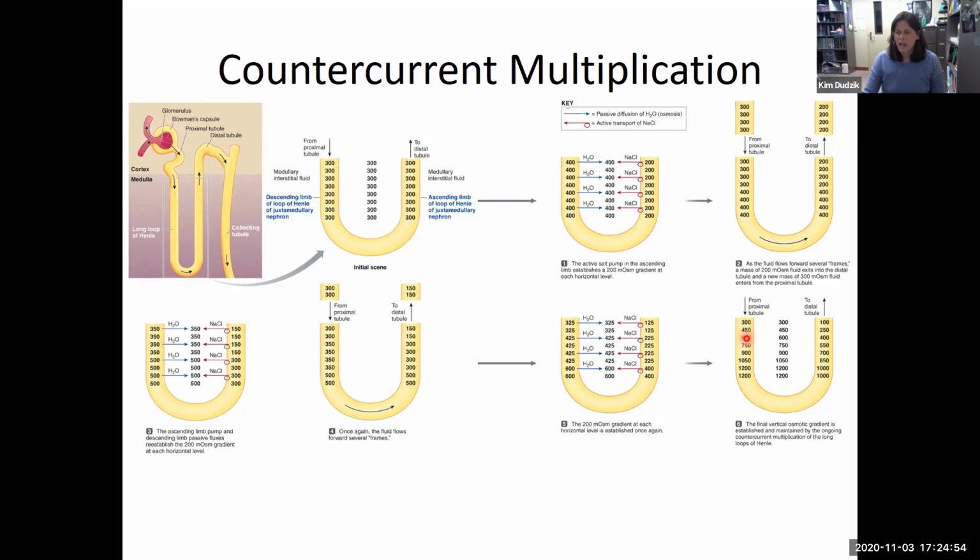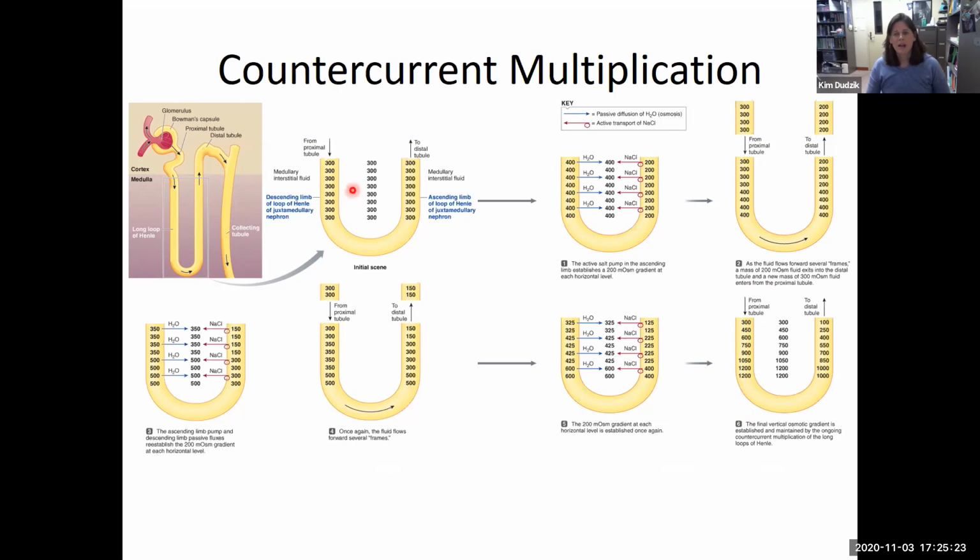But as it moves down, now the area outside is 600, so water can move out until it's 600. And as it moves down, the outside now is 750. So we're getting a continuous movement of water outside of the loop of Henle. That's reabsorption. So we consistently reabsorb water. That's where the water's coming from. Remember, the peritubular capillaries surround it, so the capillaries pick up the water.